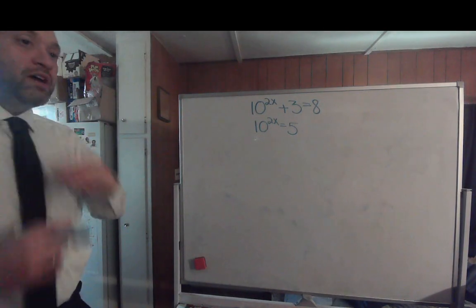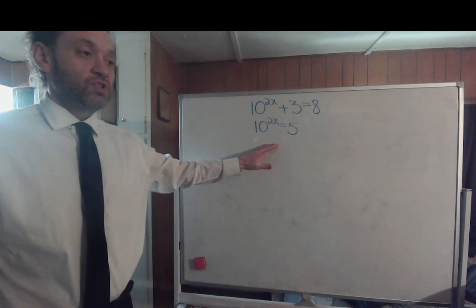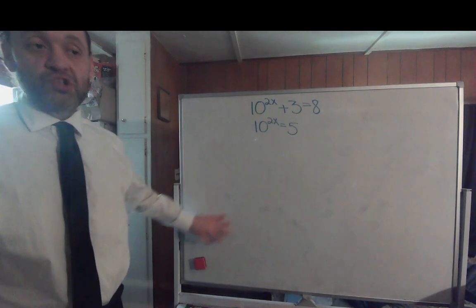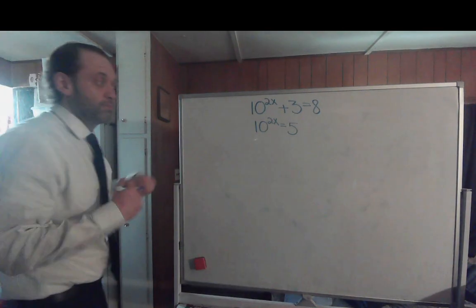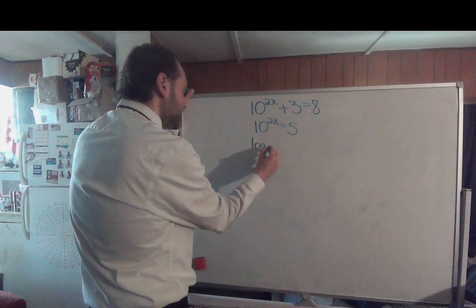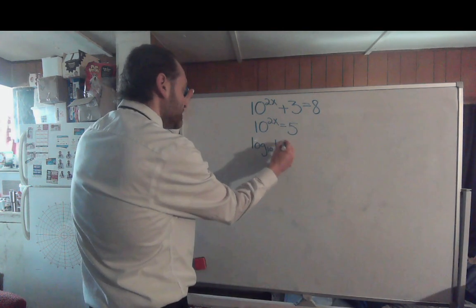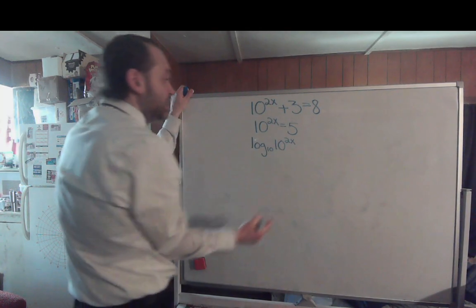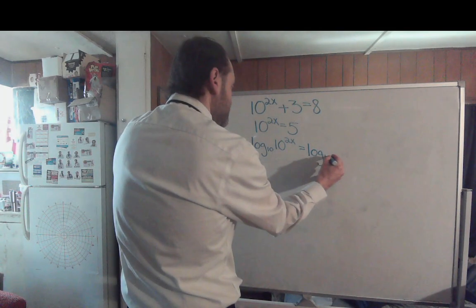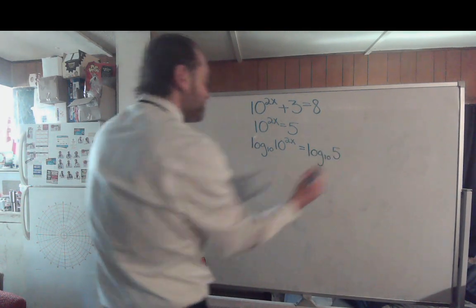Do we have any whole numbers to relate the bases of 10 and 5? We don't, so unfortunately you're going to have to break out the logarithms. So you're going to have to take log base 10 of 10 to the 2x and set that equal to log base 10 of 5.